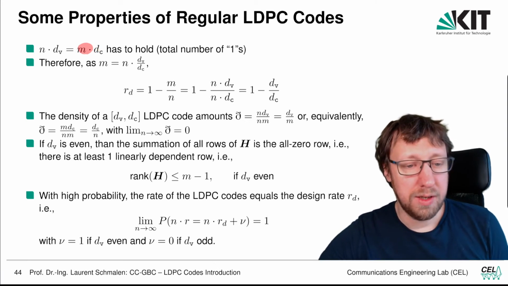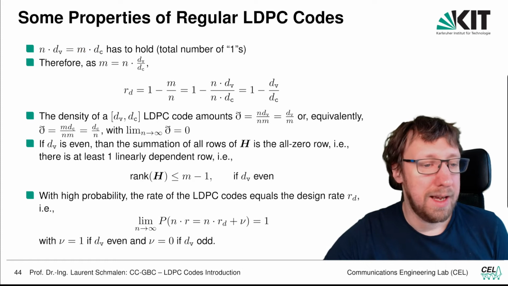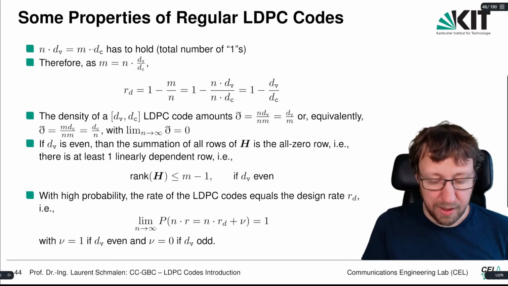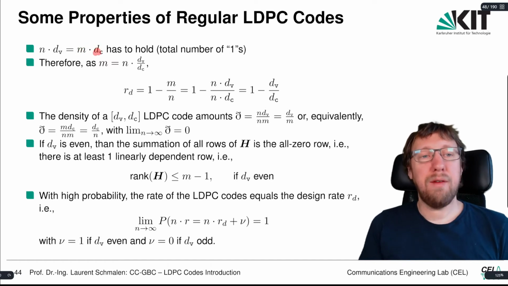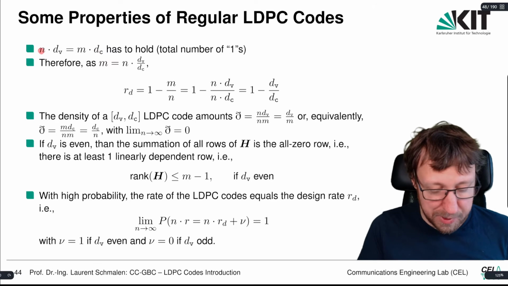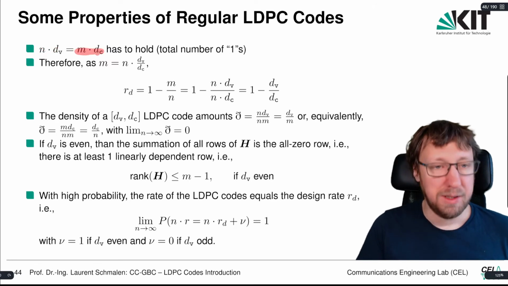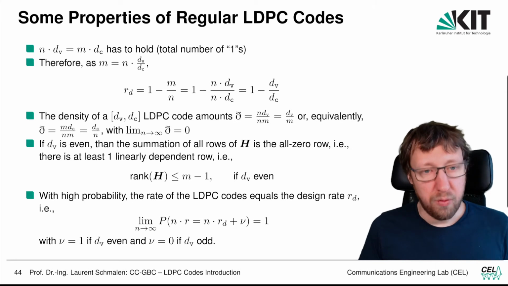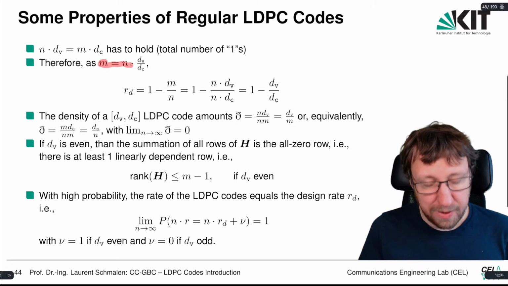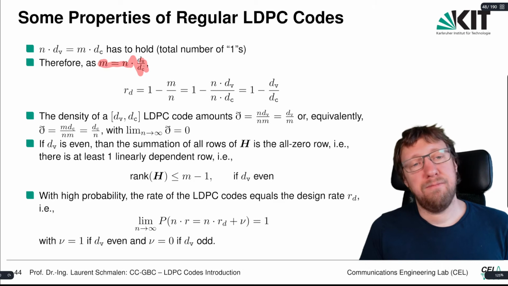We have m rows, and each row essentially has dc number of ones. So the number of ones is m times dc. So we have this condition that n times dv must be equal to m times dc. Rearranging, m is equal to n times dv over dc.